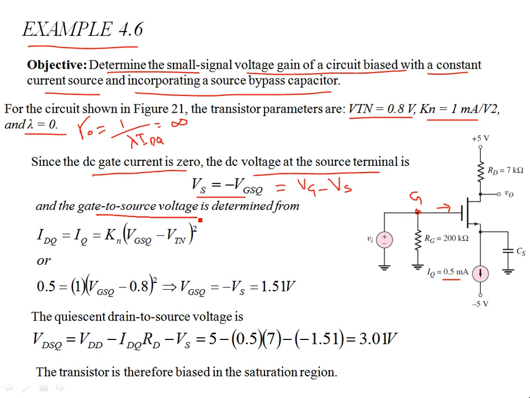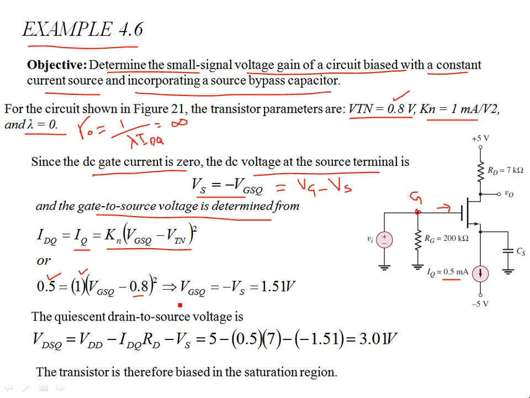The gate to source voltage is determined assuming that the current source is the saturation current of the transistor. So using the same expression for the saturation current, the VGS and IQ relationship, IQ is 0.5. Just plug those values. Kn is 1 and VTN is 0.8 as given over here.